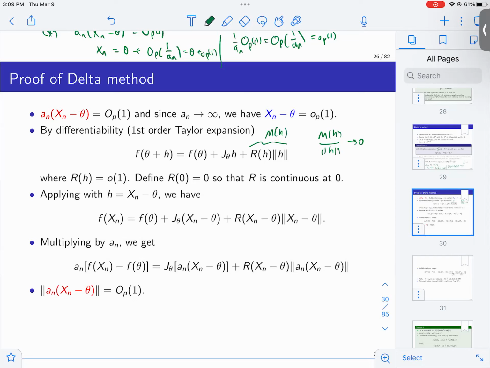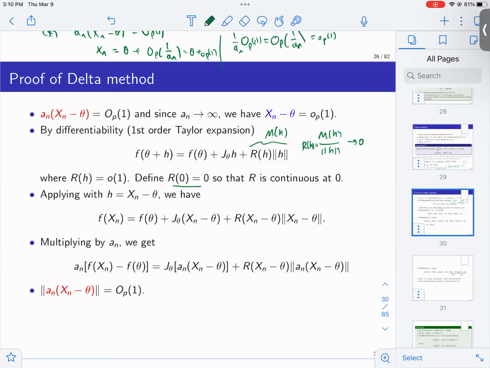That's the meaning of differentiability. R(h) is o of 1 in the classical case. At 0 it's not defined, so I'm going to define it to be 0. So it's going to be continuous at 0, because it's converging to 0 and defined to be 0.